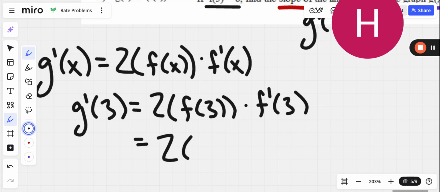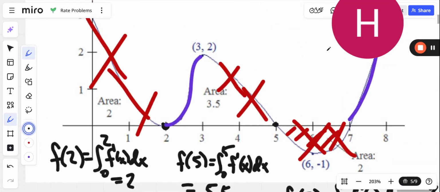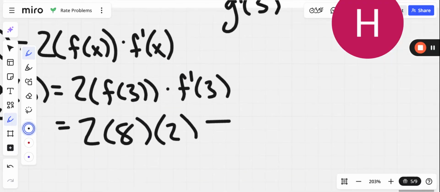So this is going to be 2 times 8 times the value at that moment, which I think they specify is like 2 or something. Let's double check. Yeah, 3, comma 2. So this is f prime of 3. It is 2. So therefore the slope of this is just 32.